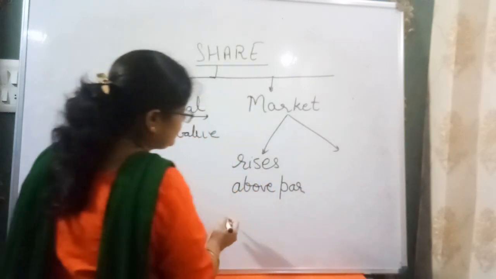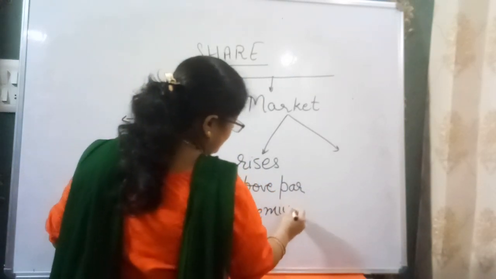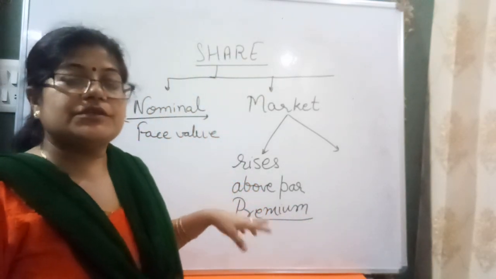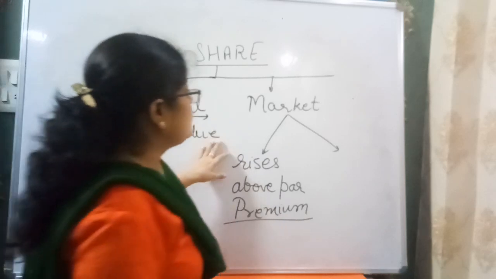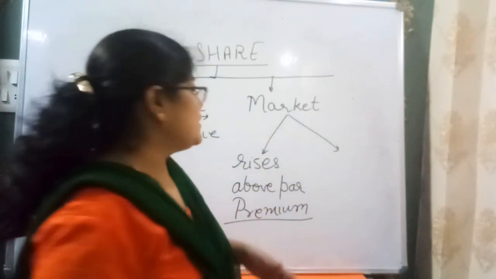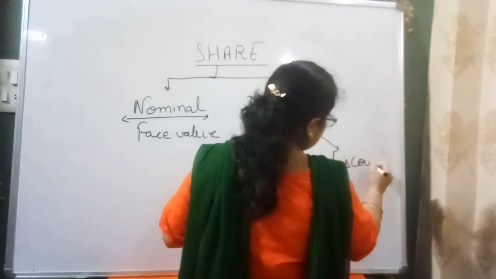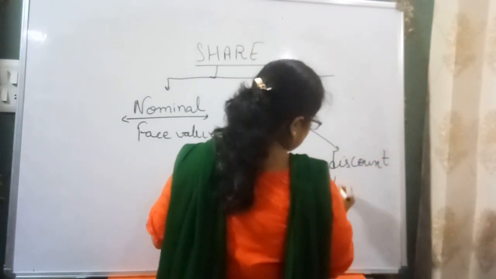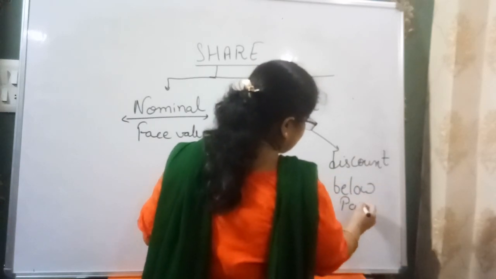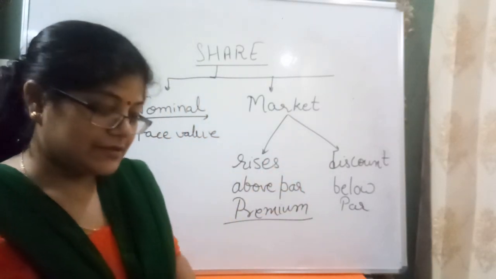There is one more word for that, that is premium. When premium is written in your question, that means the price of the share has increased, and sometimes the price of the shares moves downward, and this is also termed as discount, and sometimes it is also known as below par. Clear?